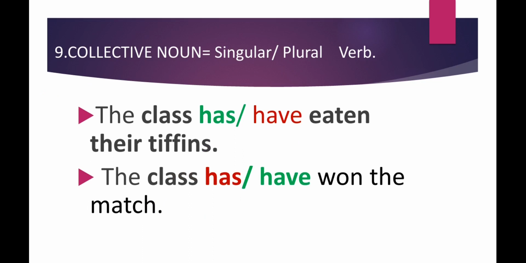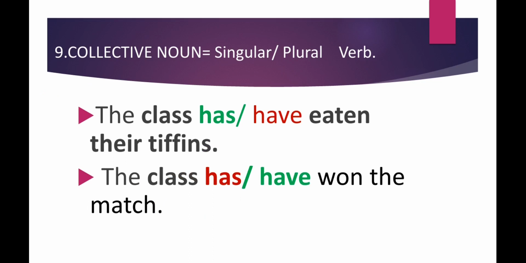Now collective nouns. Collective nouns may take a singular verb or a plural verb depending on the context. Example, the class have eaten their tiffins. Which is the correct option here? It is have. The class have eaten their tiffins means each of the students in the class had their tiffins.